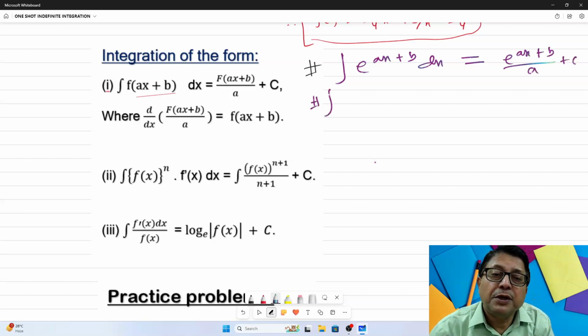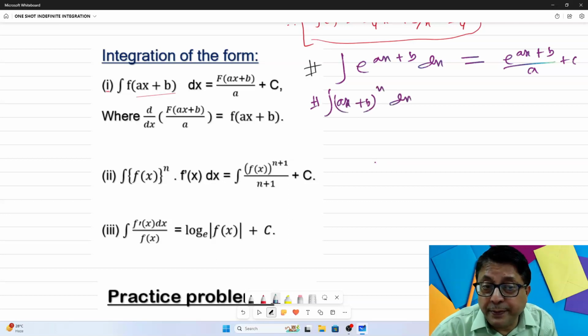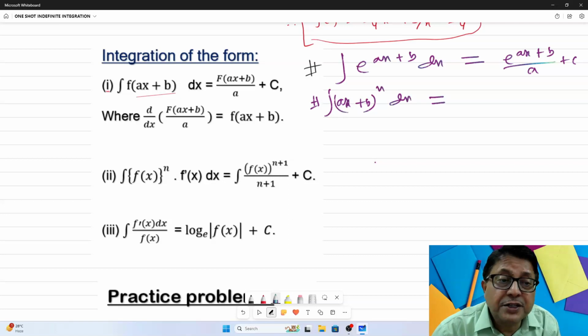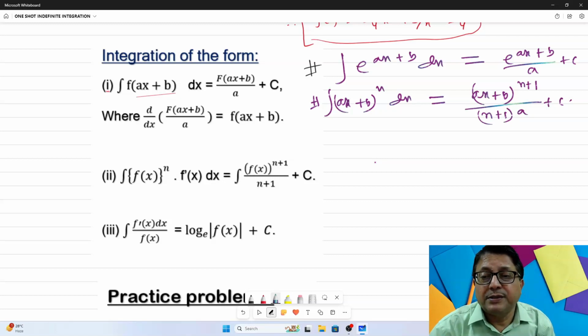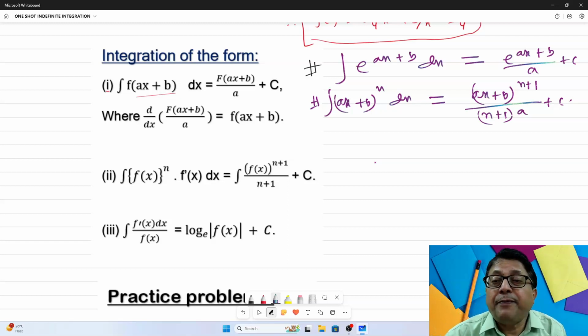What about ax plus b to the power n? This concept you need to keep in your mind. Ordinary integration like ax plus b to the power n plus 1 divided by n plus 1 into a will be there. So if the integrand is given in f of ax plus b form, you integrate and divide the result by a.